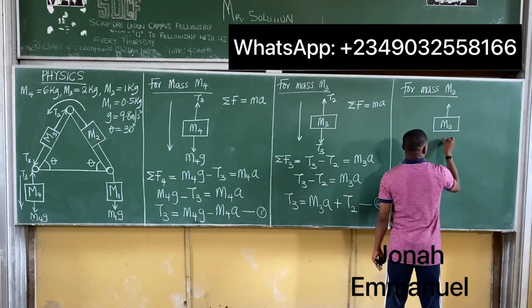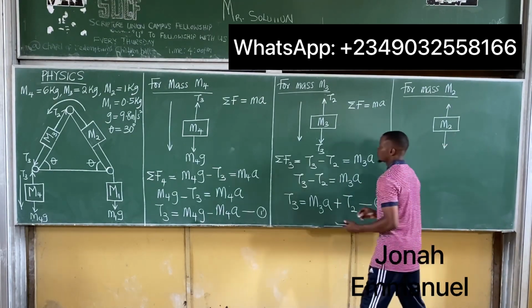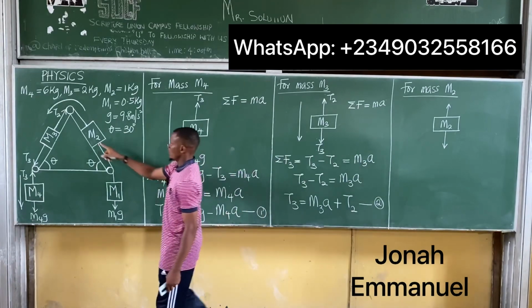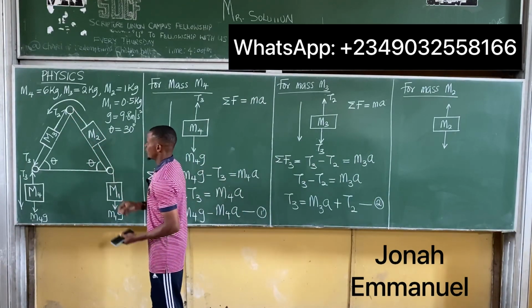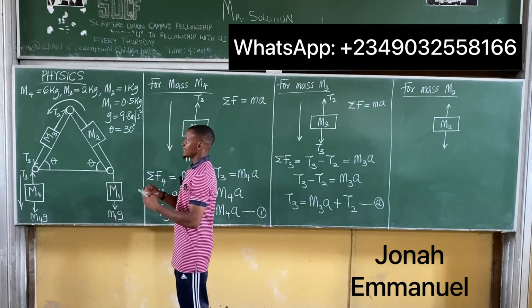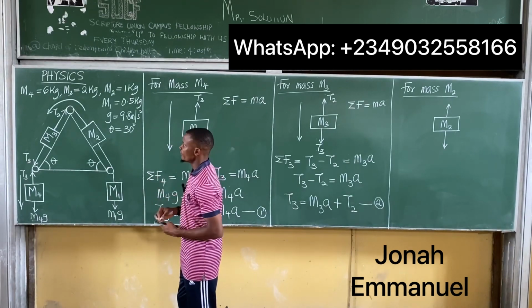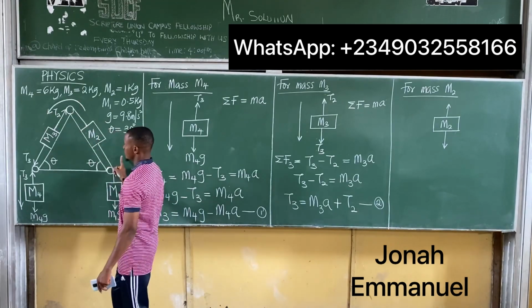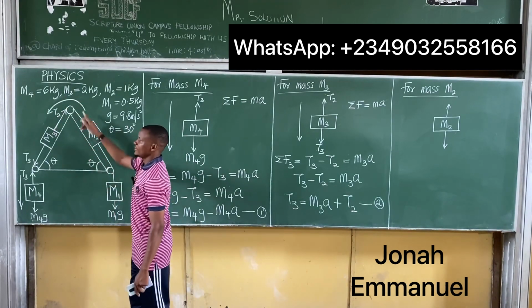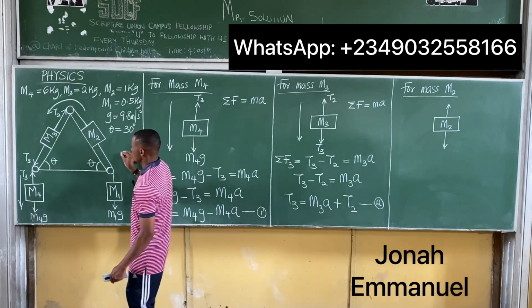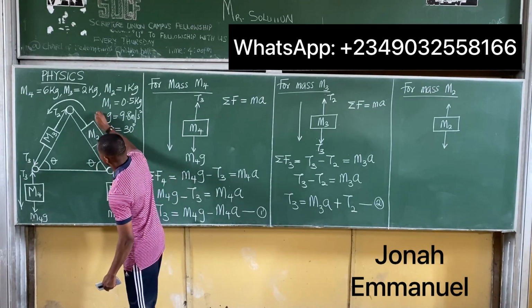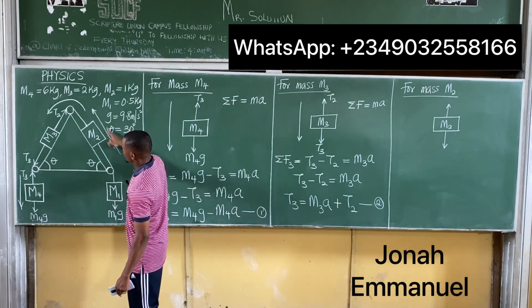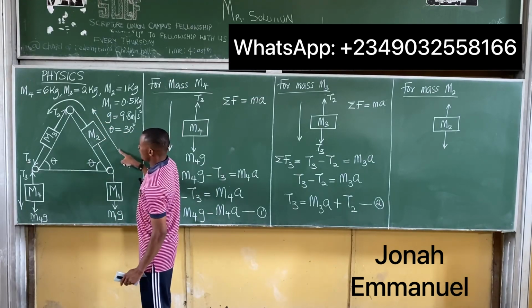Obviously, one string joins it upwards, and one string joins it downwards. Now, next up, let's look at the direction of motion of the system. This was going this way. As regards M2, it's more like an upward direction.